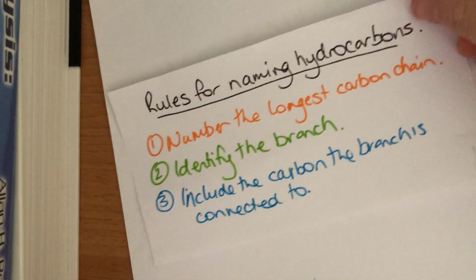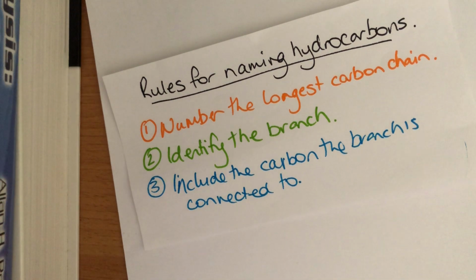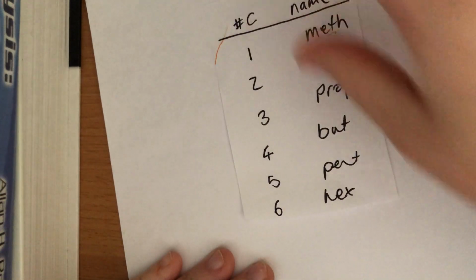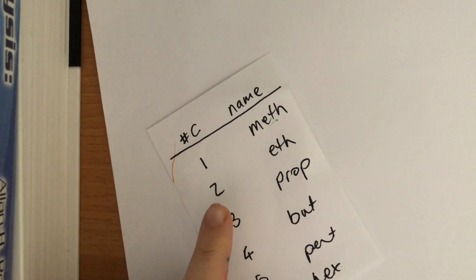So remember, these are the rules. Number the longest carbon chain, identify the branch, and then include the carbon that the branch is connected to. And then this is the table: number of carbons, 1 meth, 2 eth.